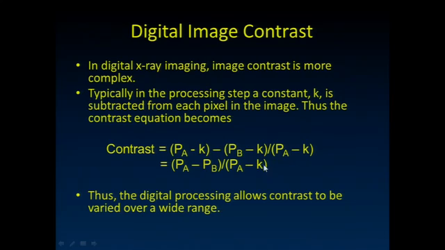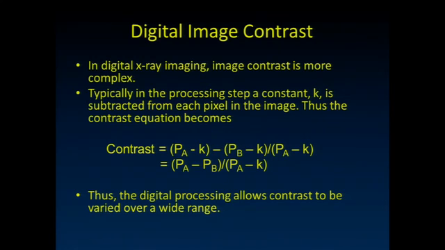And if you wanted to, you could make this K very close to PA. As a matter of fact, make it much closer to PA than PA is to PB. And this number becomes very large. Digital imaging, by adjusting that K factor, you can really work over an extremely wide range of contrast with digital images that was basically impossible to do with screen film imaging.